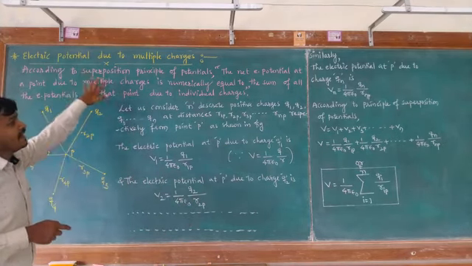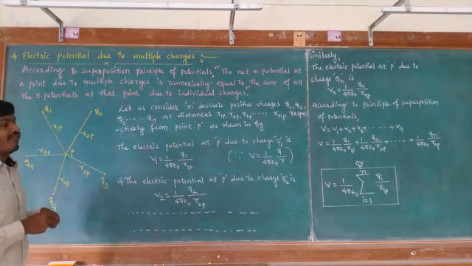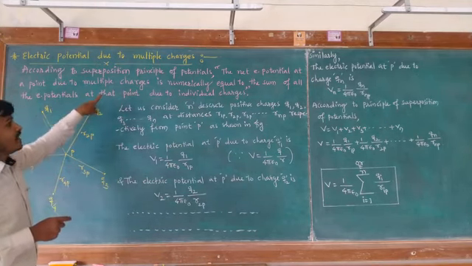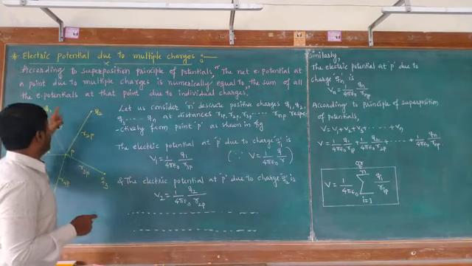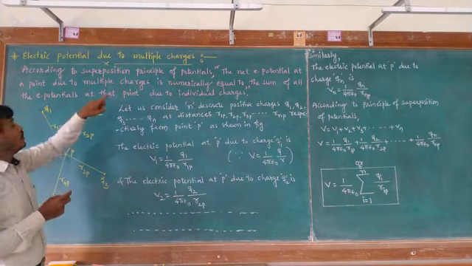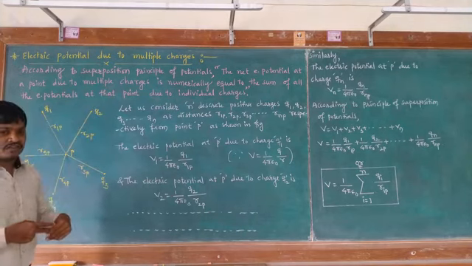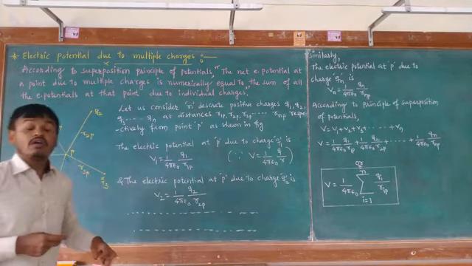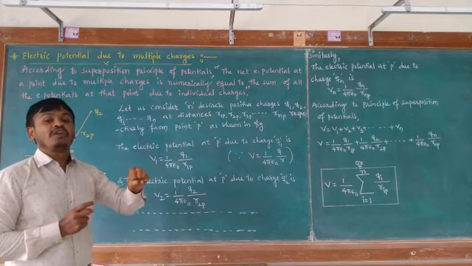Let us begin the derivation with the statement of the principle of superposition of electric potentials. The statement says: the total electric potential at a point due to multiple charges is numerically equal to the algebraic sum of all the potentials at that point due to individual charges.